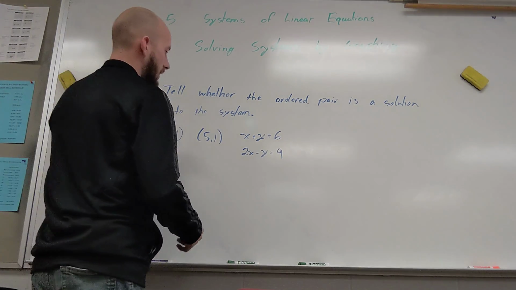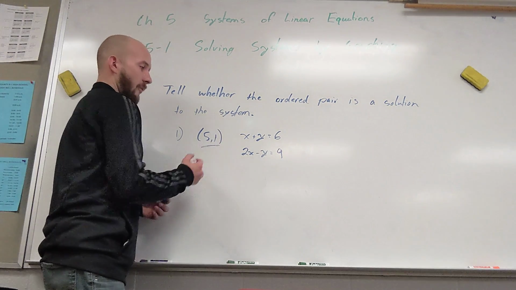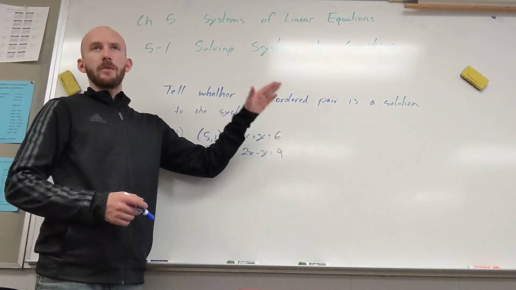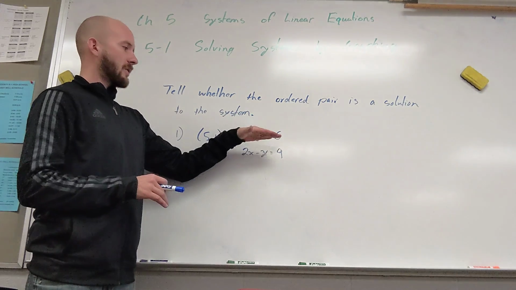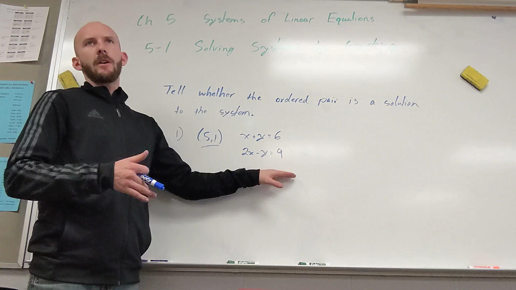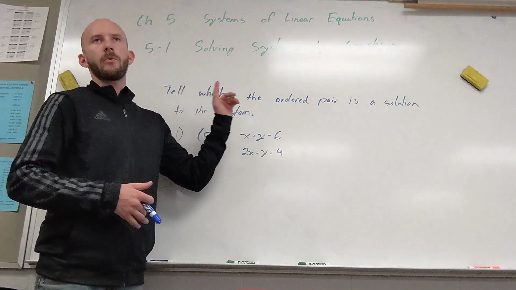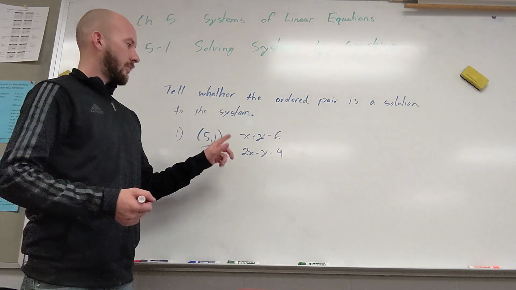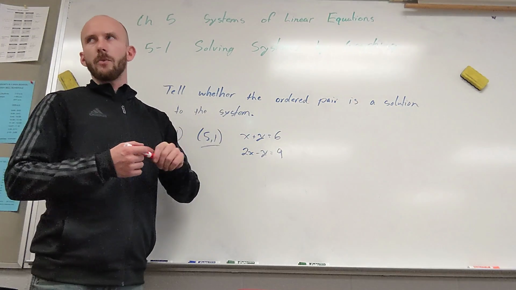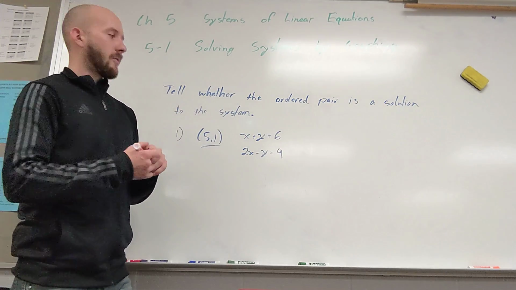Okay, so to tell whether this ordered pair is a solution to the system, it has to work for both. If it's a solution to one equation but not the other, then it's not a solution for the whole system. So all you have to do here is plug these numbers in for x and y, and then check and see if it works.